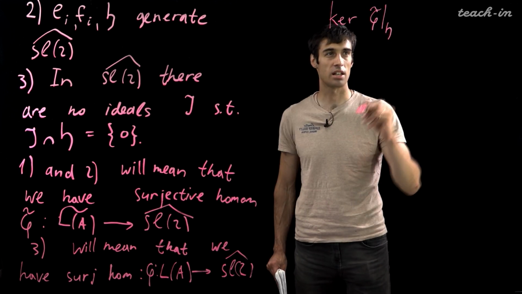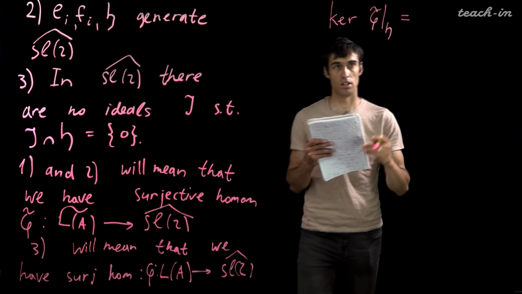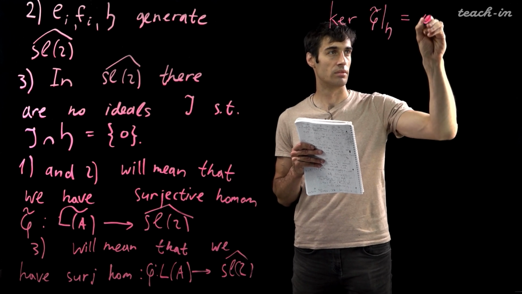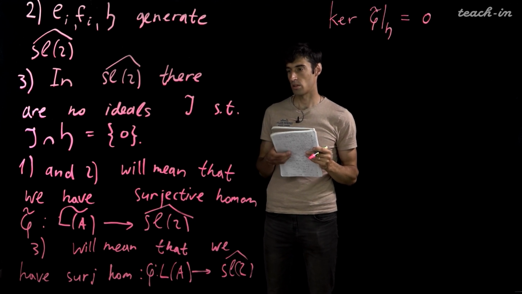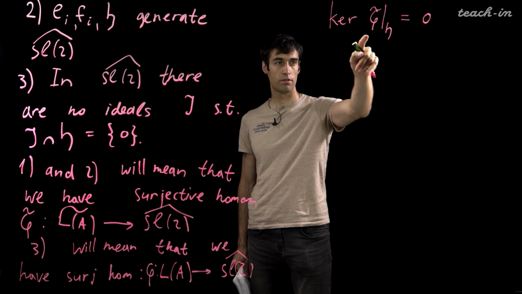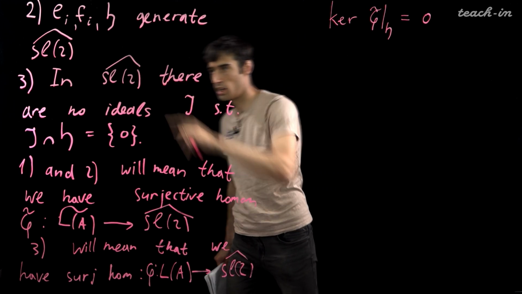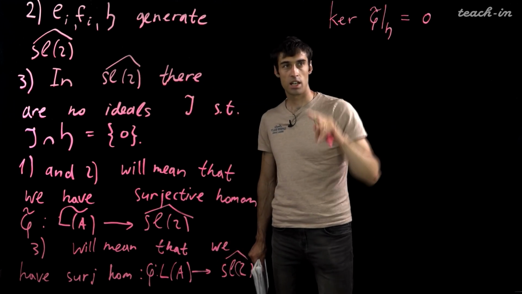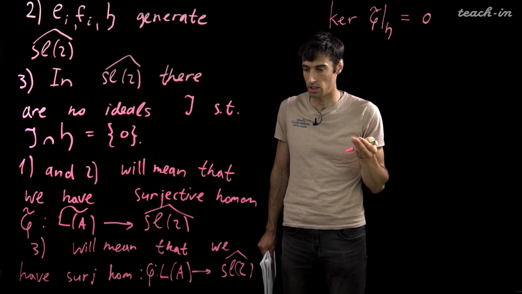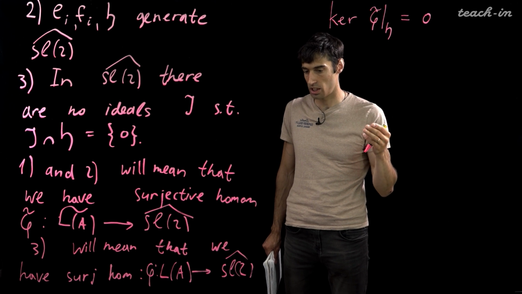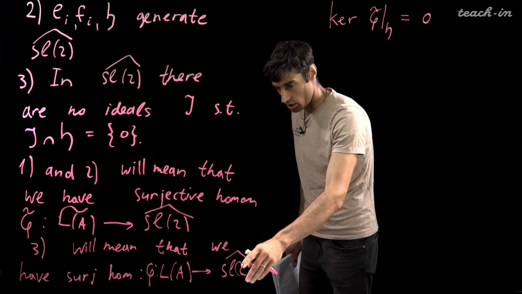So just go to the previous lectures to see what this thing is. I claim that this kernel actually is 0, just because of our construction, right? So actually F tilde maps H, or H tilde if you wish, to this H in SL2 hat. And this H in L of A has dimension 3 or less, because it's just a minimal realization, mod maybe some relations, but the image is 3-dimensional.